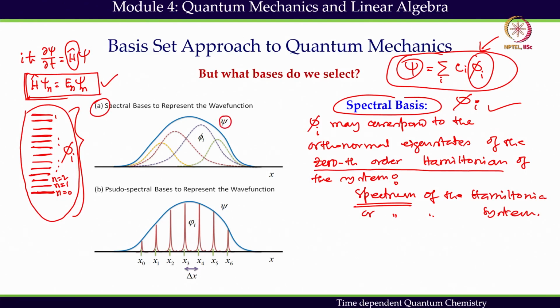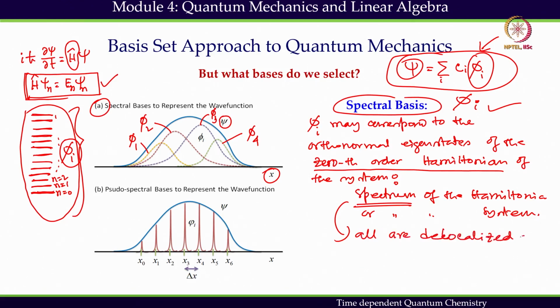I have the total wave function psi, but psi has been represented by different wave functions phi I. Let us say this yellow one is phi 1, this brown one is phi 2, the bluish one is phi 3, this green one is phi 4, and one thing is quite clear, they are all delocalized in space. So, the spectral basis by its own nature is delocalized or global in nature.